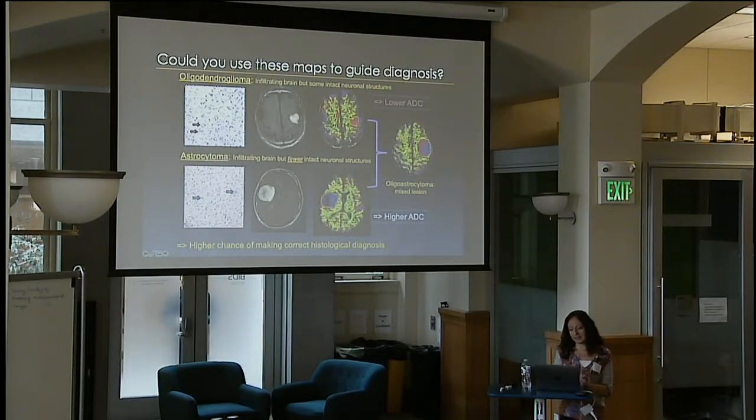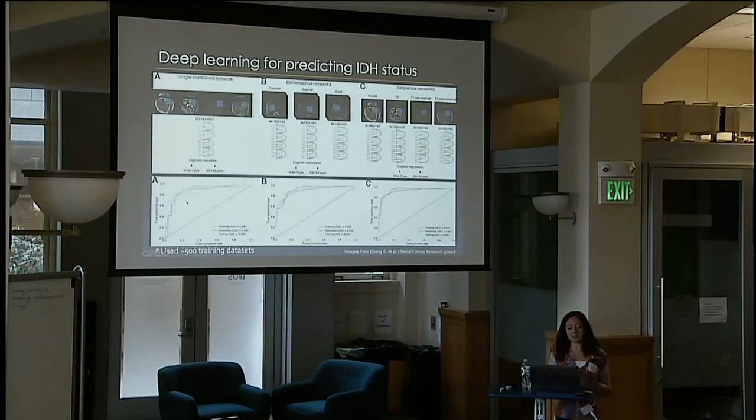And what I found interesting is that 2 months ago, a paper came out that used deep learning on standard anatomical imaging to predict IDH status. They used about 500 training data sets, which for this field is actually quite a lot to get a hold of.